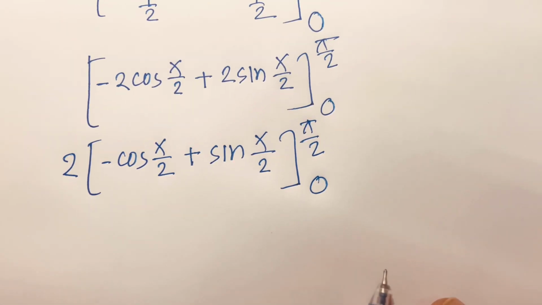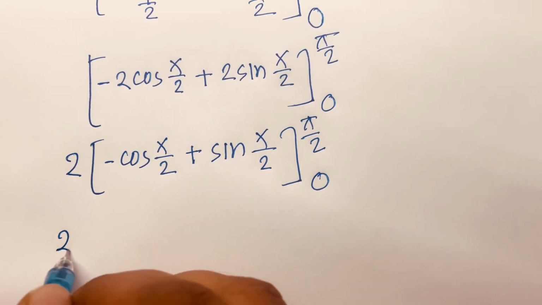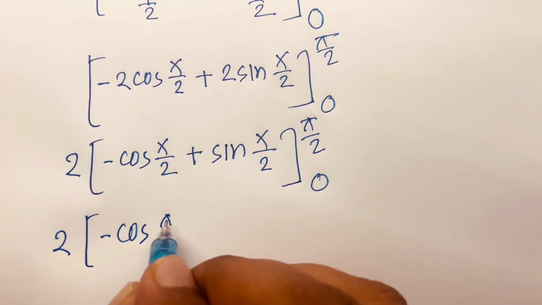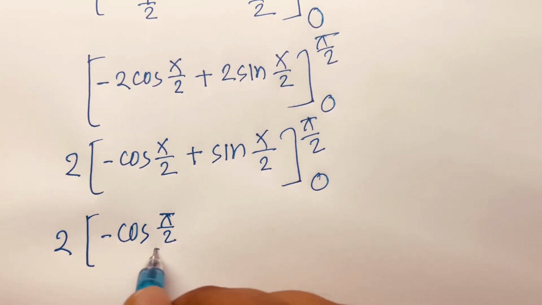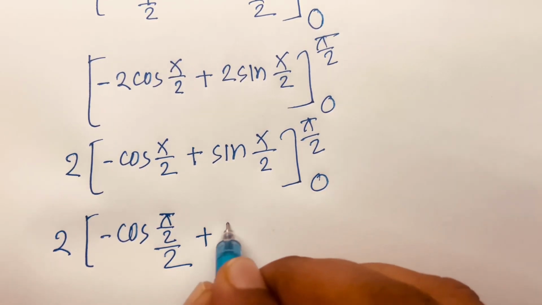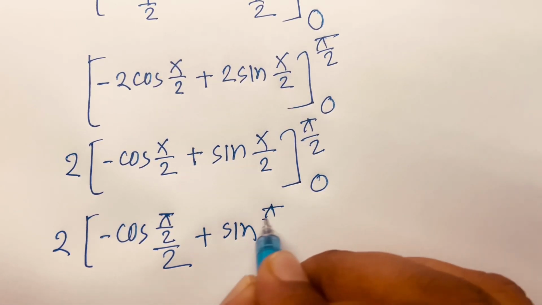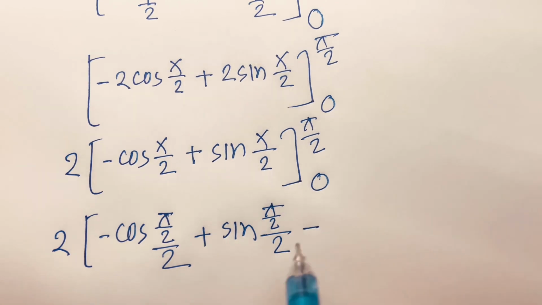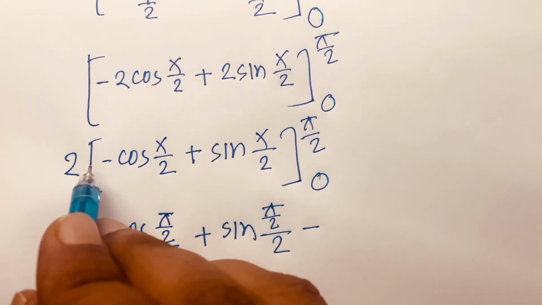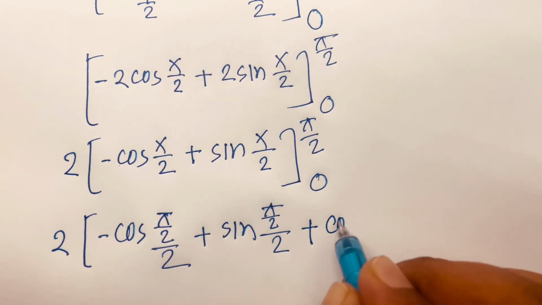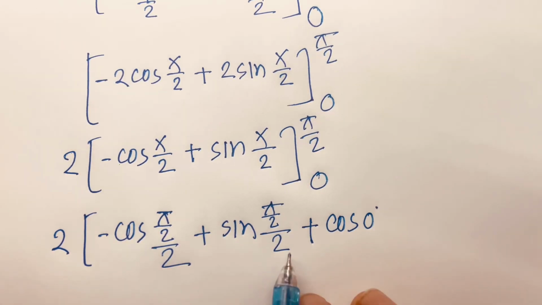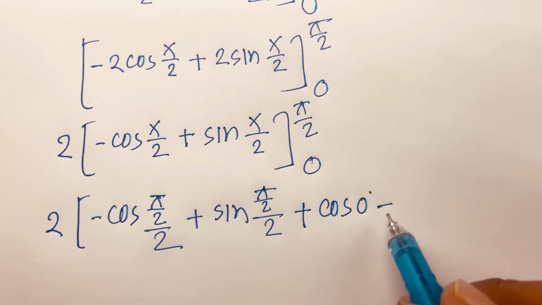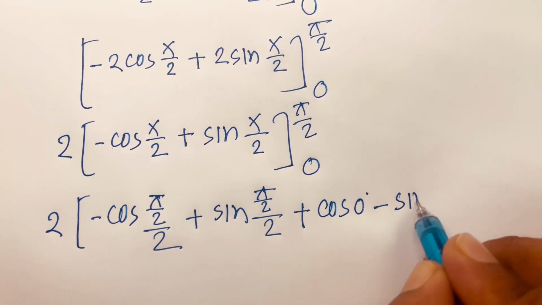Now it will be 2 times minus cos of pi by 2 over 2, plus sin of pi by 2 over 2, and again minus, it will be 0, so minus minus becomes plus cos 0, and here minus, because of that this is plus, so plus minus becomes minus sin 0.